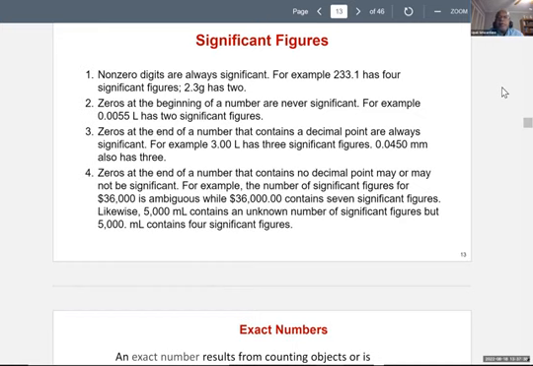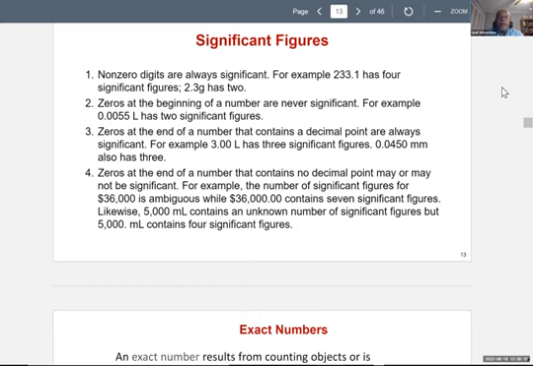Okay. A measurement, which is important in the scientific method, has a number part and a unit part. Now we're going to look into the number part and show how we round off and how we tell significant numbers, significant figures, in the measurement.